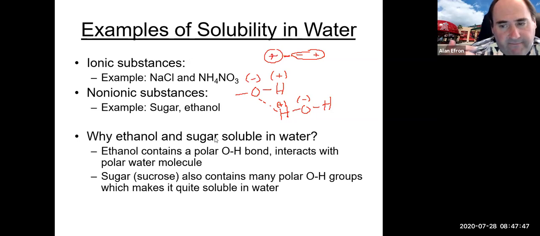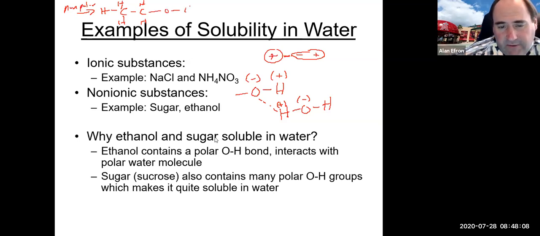So that makes them very polar. Something like ethanol is not a very large molecule. So typically even guys where part of it is nonpolar, if you think about ethanol, it's all these carbons and hydrogens on one end, and those are essentially nonpolar on this side.